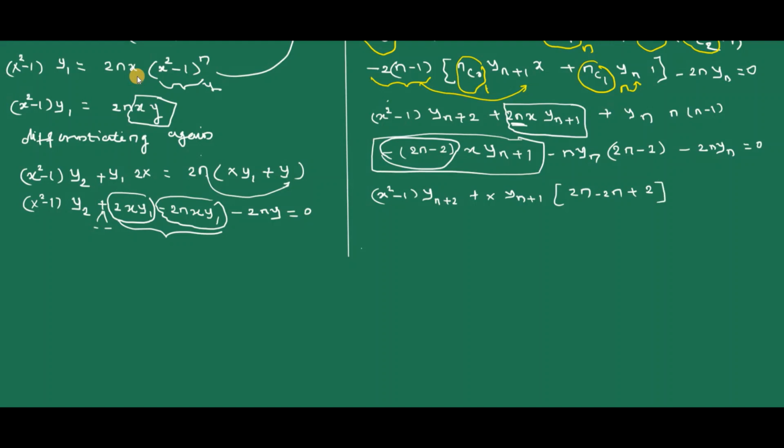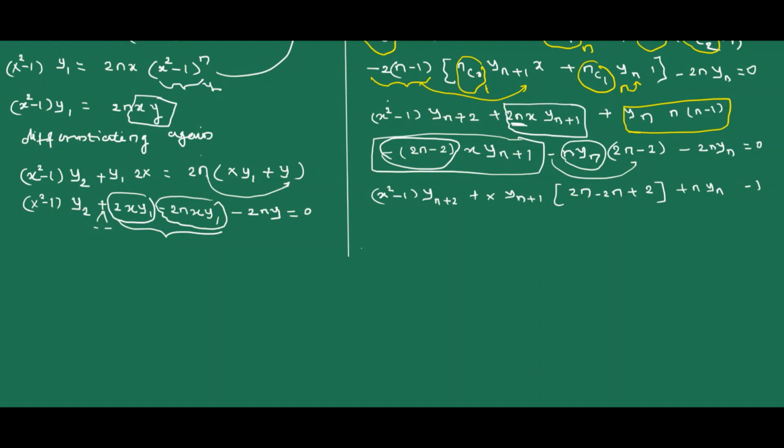Okay, then collect the terms containing yn. The term containing yn, this is the first term of yn. If you take n and yn common, the remaining term is n minus 1. Here if you take n and yn common, the remaining term is minus into (2n minus 2).